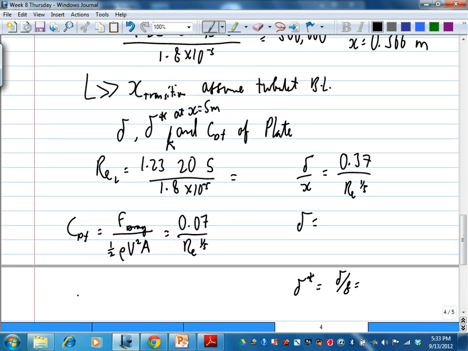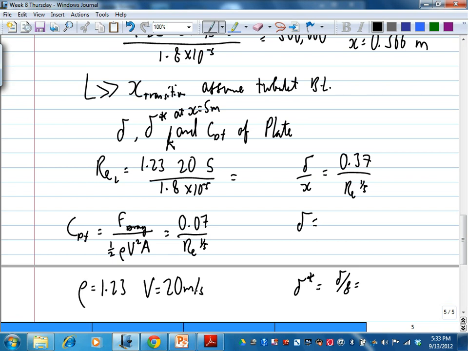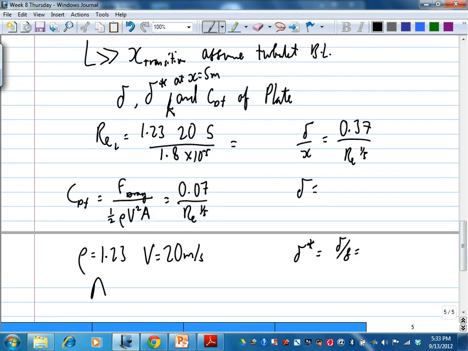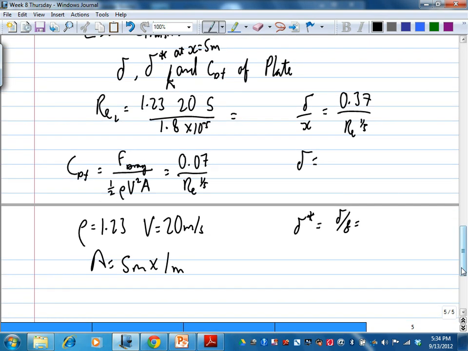All right. So rho is equal to 1.23. The velocity is equal to 20 meters per second. Area is equal to 5 meters by, let's make the depth into the page 1 meter. 1 meter. All right. So what is the F drag?